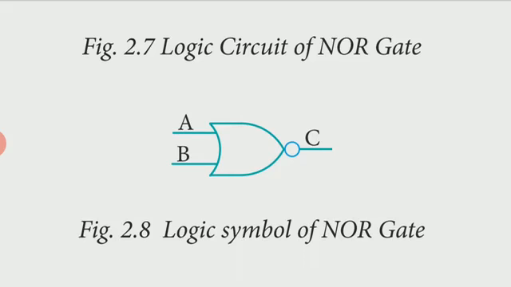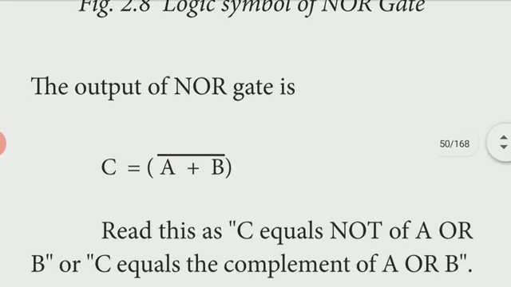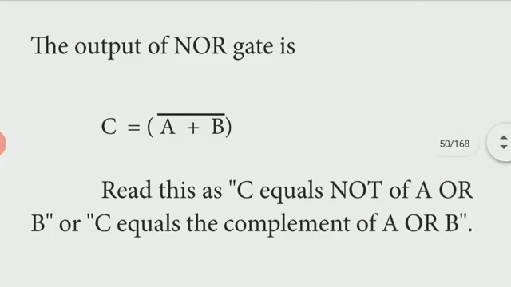The output we write is C equal to (A plus B) the whole dash, that is C equal to NOT of A plus B, or we can say (A plus B) complement.